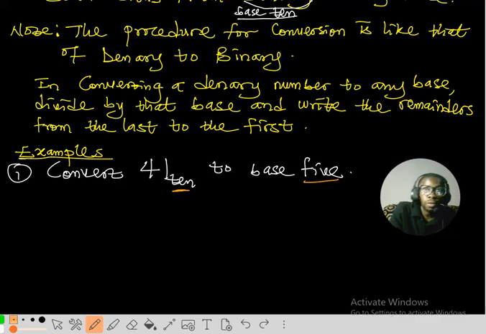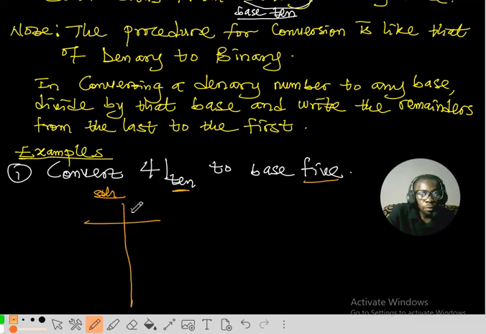Here you are converting base 10 to a given base, any base that is given in front of the question. So in converting a denary number to any base, divide by that base and write the remainder from the last to the first. That is, after all the division, you read it up again.